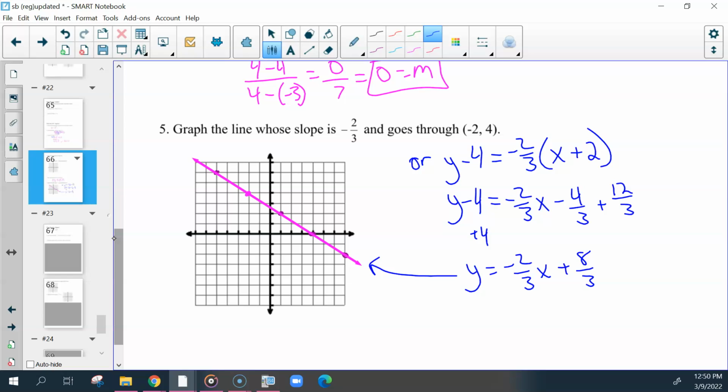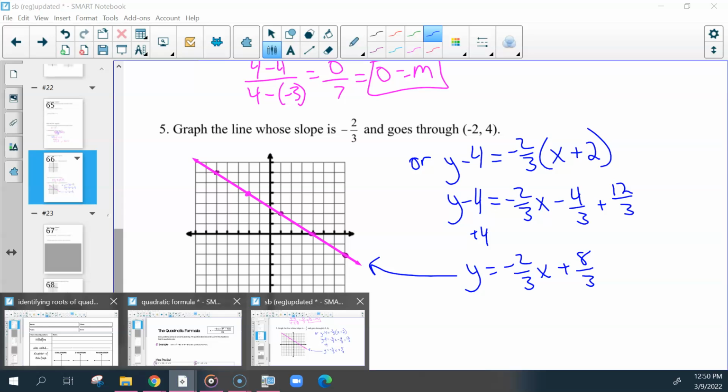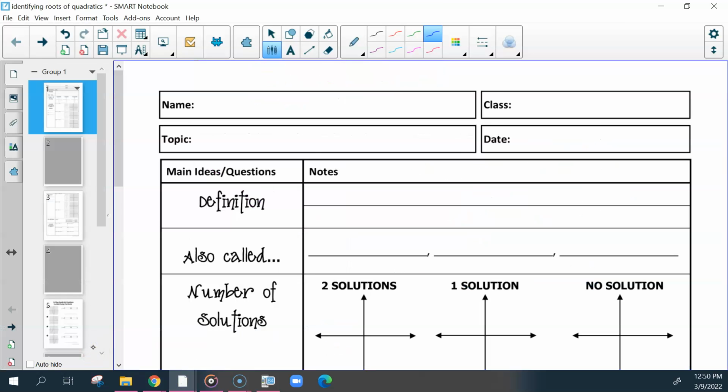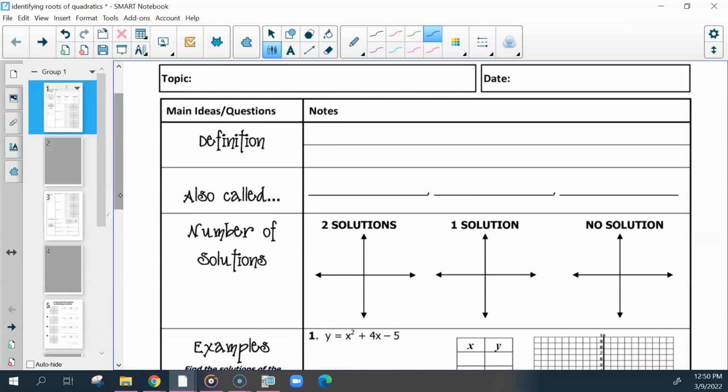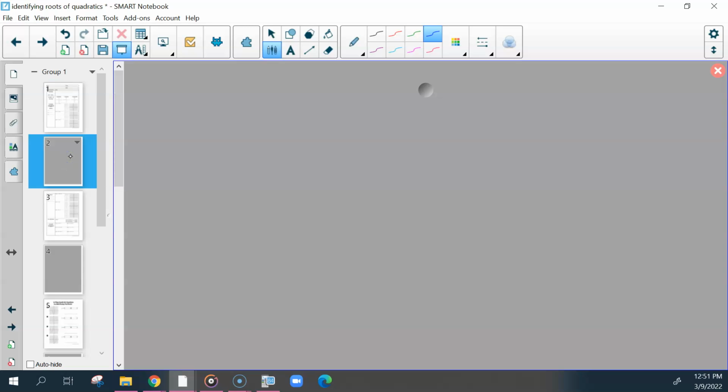So as I said at the end of last class, you were supposed to do those 6 problems in the graphing finding solutions notes. Take those out. We're going to go over those 6 problems, starting with number 1.